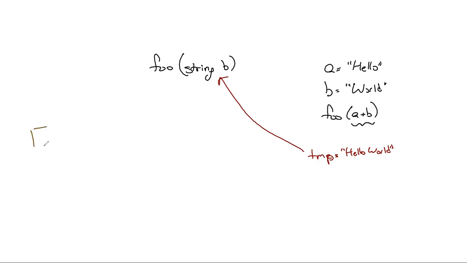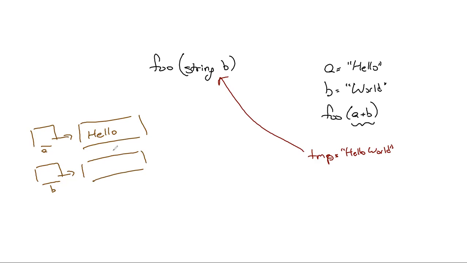A is a string. It looks like this. And it says inside hello. Now, B is also a string. And inside it says world, right?